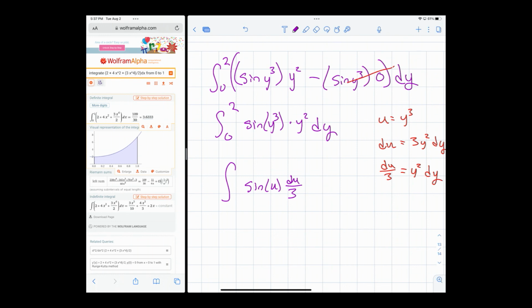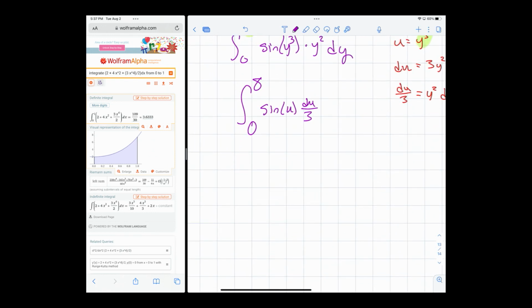For our limits of integration, I'm just going to plug the limits into this. If you plug in y equals 0, you're going to get 0. And if you plug y equals 2 in for y, you're going to get 2 to the 3, which is 8. So in terms of limits, for y there's 0 and 2, but for u there's 0 and 8.